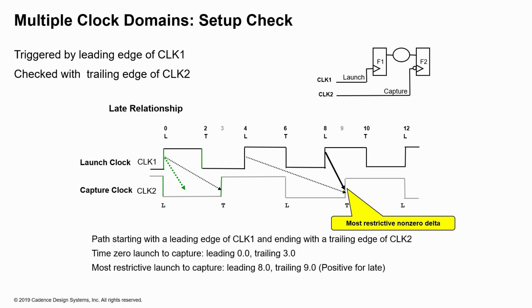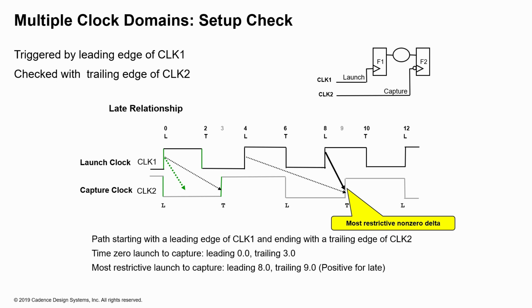Because there are many edges where the launch and capture can happen, in the case of multiple clock domains, we do need to look at the most restrictive capture and launch combination. So if we look at the time 0 launch, the capture would occur at the trailing 3.